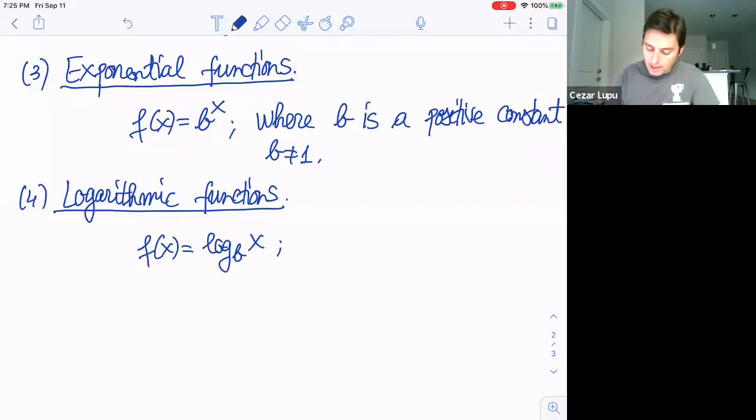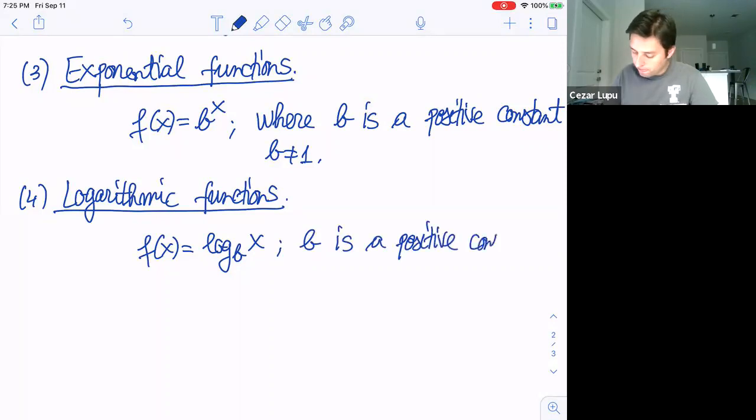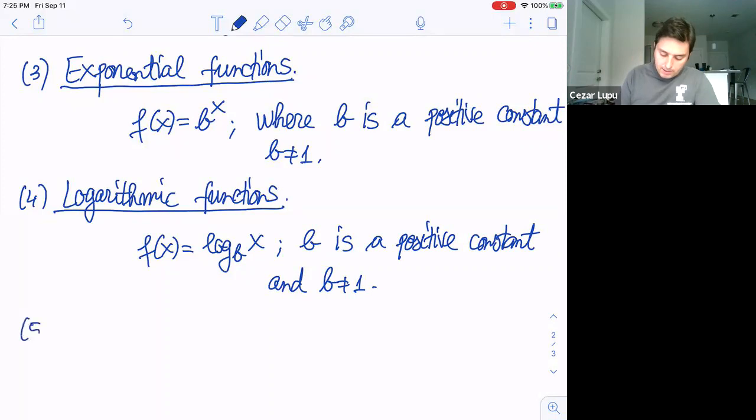And again, b is a positive constant, and b is different than 1. Okay, and the last class of functions are called the trigonometric functions.